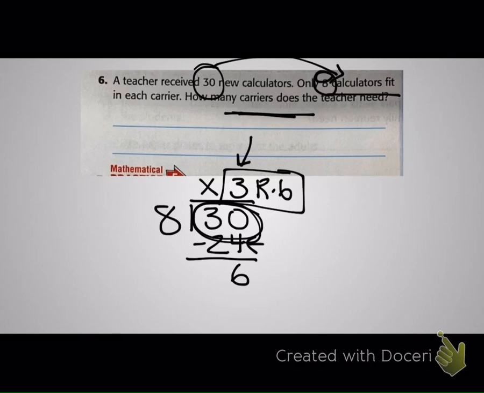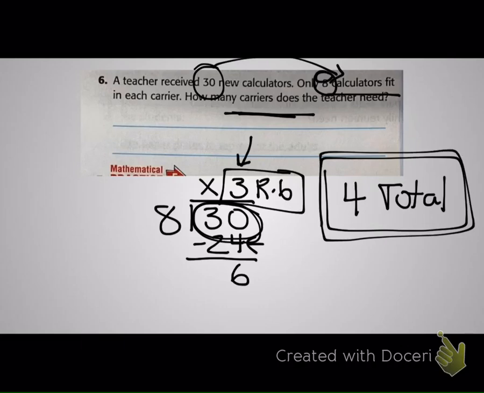So I'm going to need 4 total, because 3 will not fit them all. I need 4 in order to fit them all. So this is a case where we're going to have to round up in order to get the right amount of carriers.